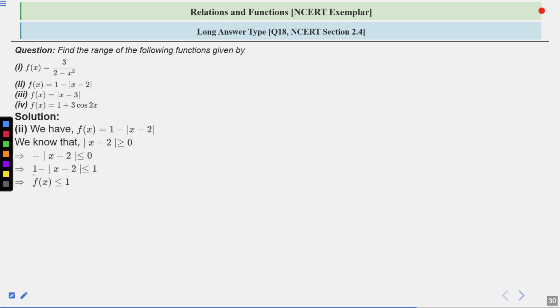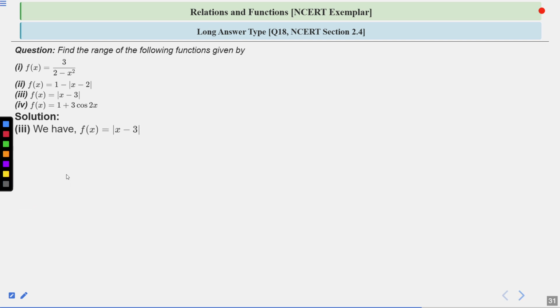This is your f(x). So f(x) is less than or equal to 1. Therefore the range is simply the interval open at minus infinity and closed at 1. Clear? Because your output value is always less than or equal to 1, and the range is the collection of all your outputs.